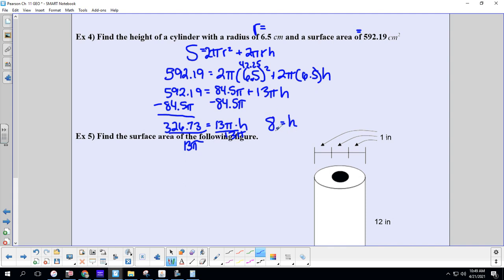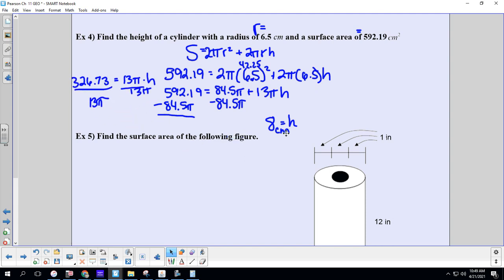And the height would be 8 centimeters. Let's bring this over here, just so we have room for it. Okay, so we can use our algebra skills to work backwards and find the height.